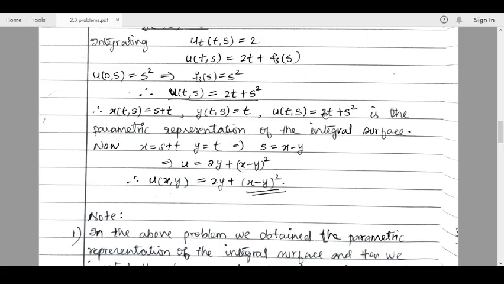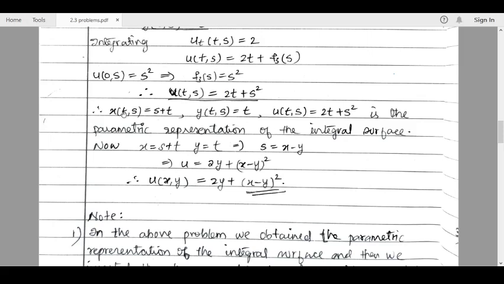Now we will try to write the integral surface in an explicit way in terms of x and y again. Okay, so earlier the PDE was given in x and y. We converted into another plane using the variables t and s, and now again we are inverting it and writing in terms of x and y.